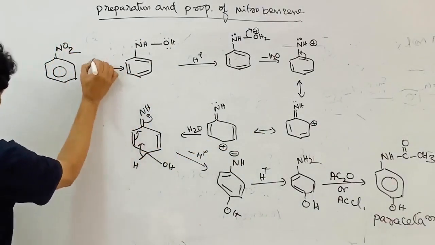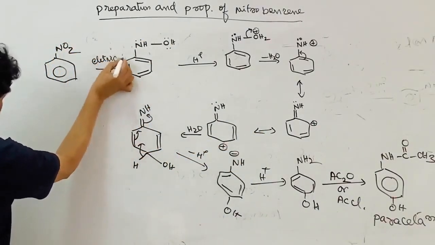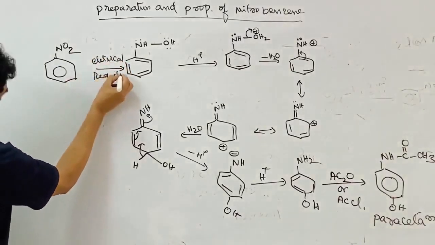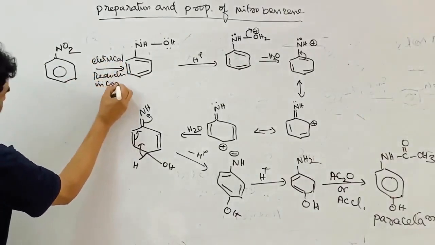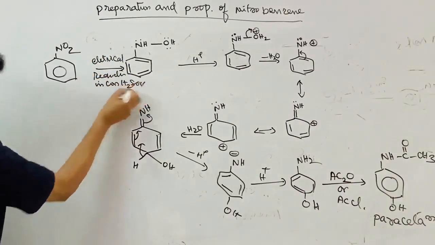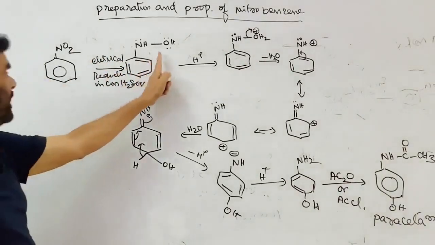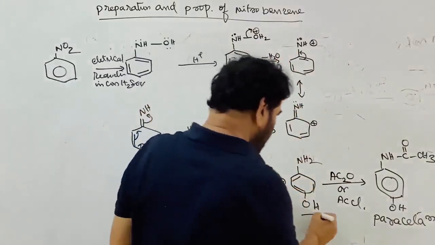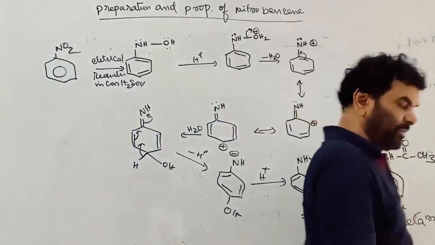This is electrolytic reduction in concentrated H2SO4. It should be concentrated H2SO4. This is formed, that undergoes this one, and the reaction ends here. From that we can give this one.